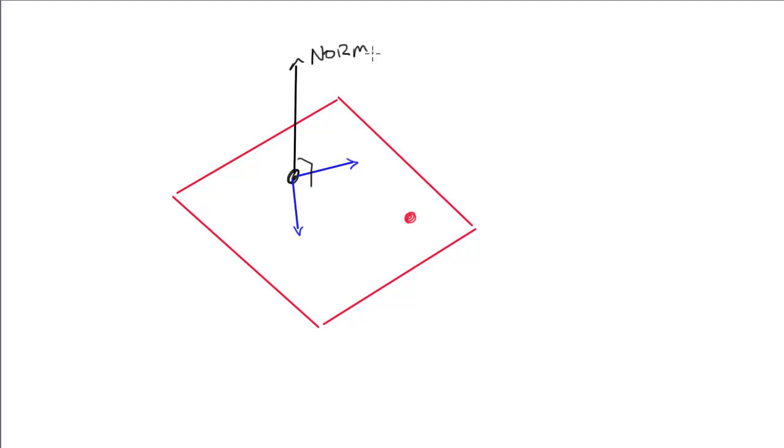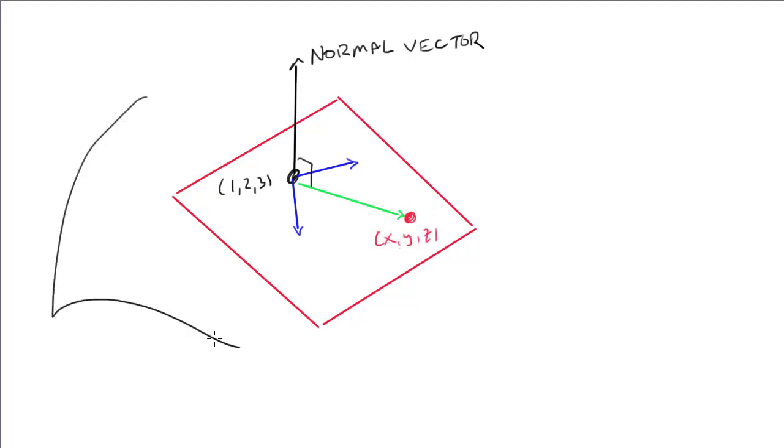The normal vector is orthogonal to the vector that connects those 2 points.